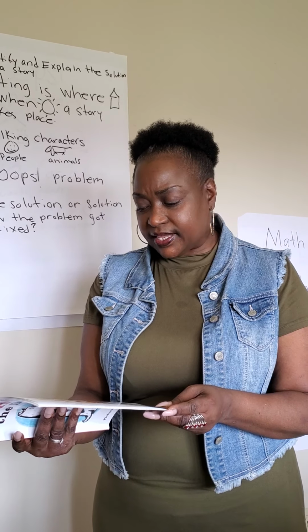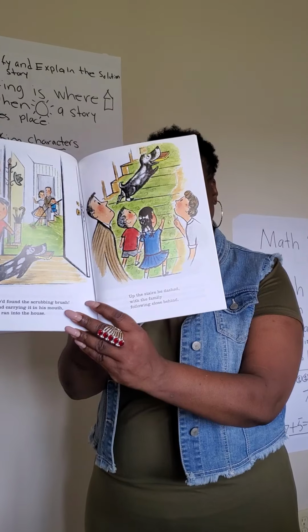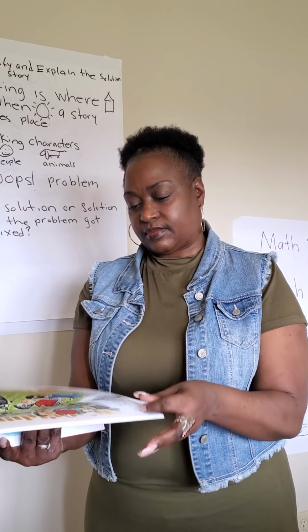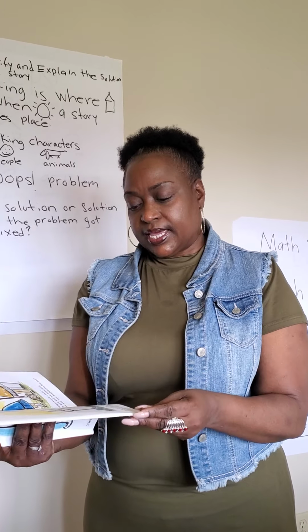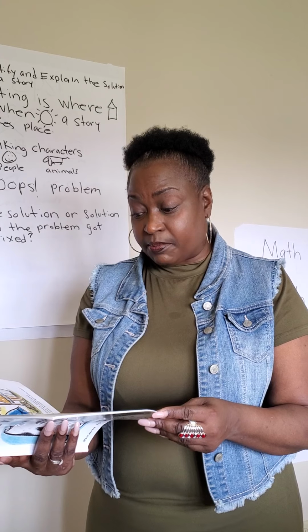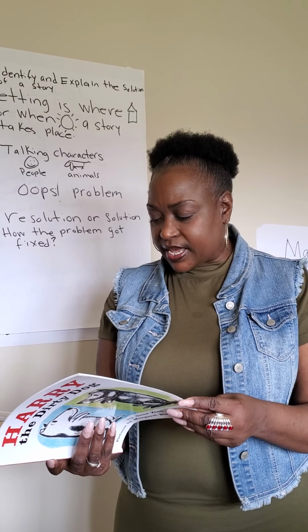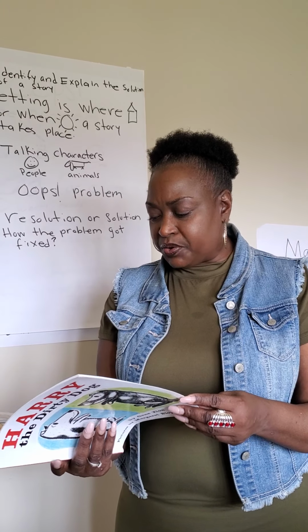Up the stairs he dashed, with the family following close behind. He jumped into the bathtub and sat up begging with the scrubbing brush in his mouth, a trick he certainly had never done before. "This little doggy wants a bath," cried the little girl, and her father said, "Why don't you and your brother give him one?"